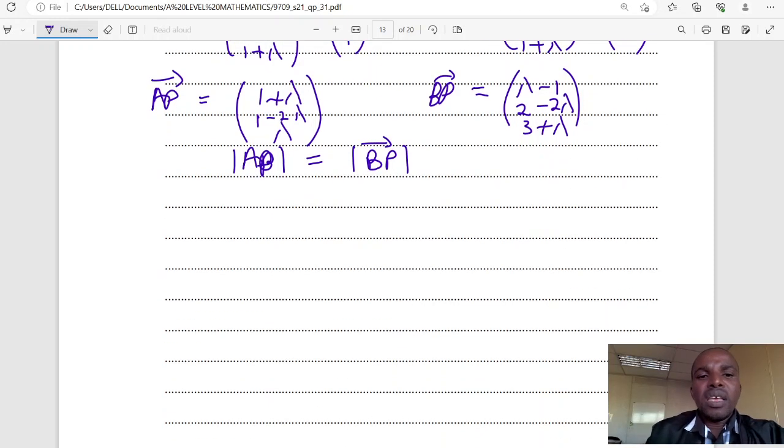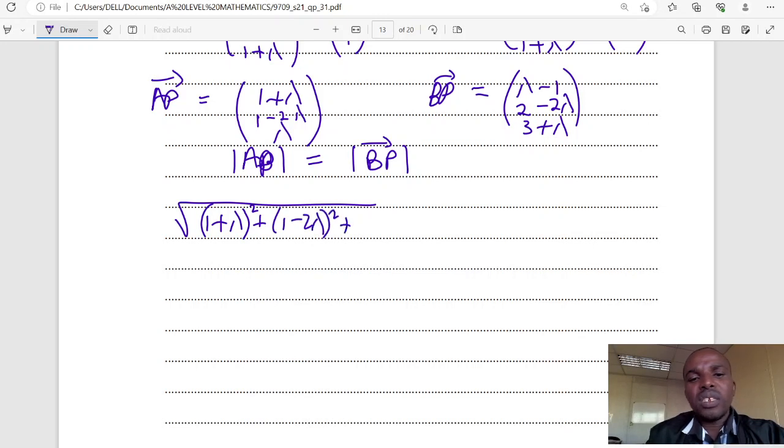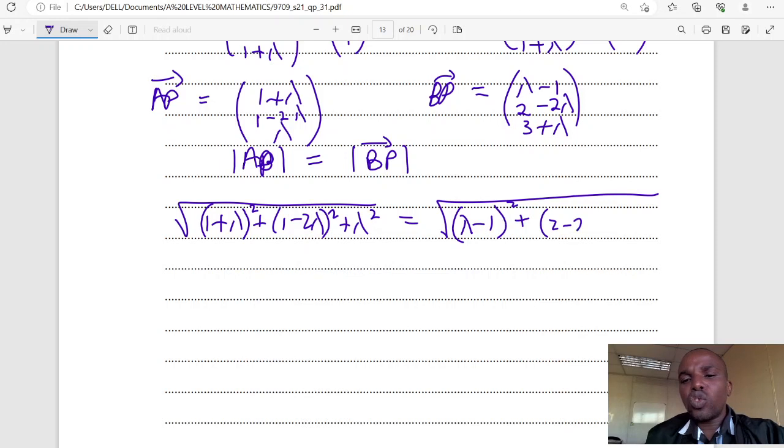So AP is the square root of (1 plus lambda) squared plus (1 minus 2 lambda) squared plus lambda squared. This must be the same as the root of (lambda minus 1) squared plus (2 minus 2 lambda) squared, then plus (3 plus lambda) squared.